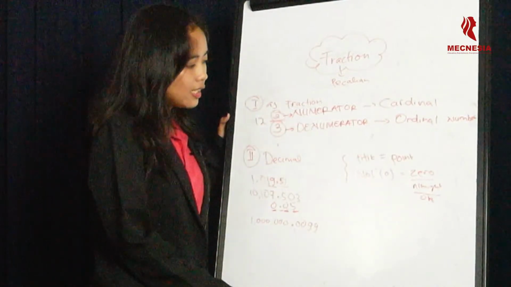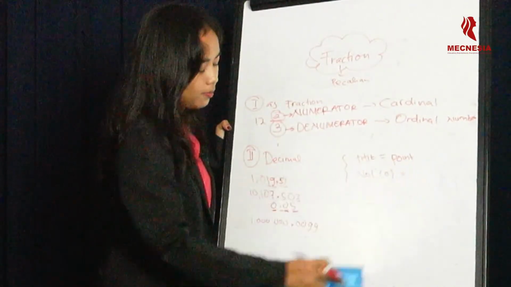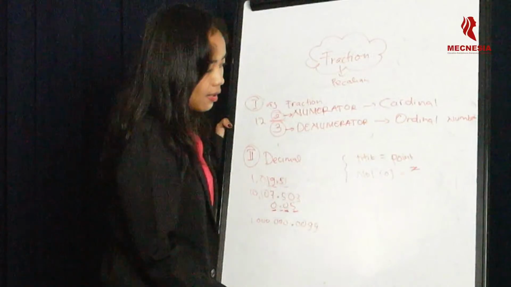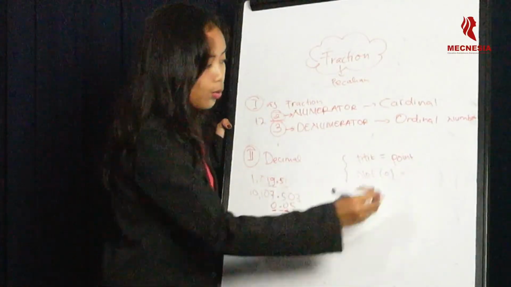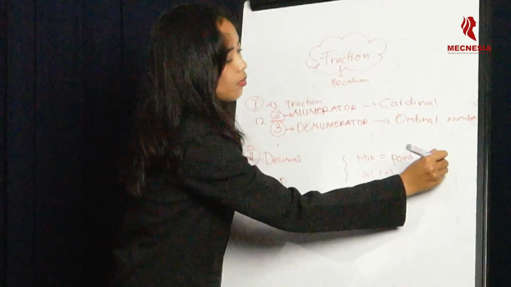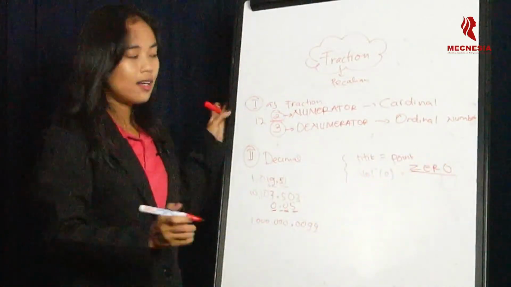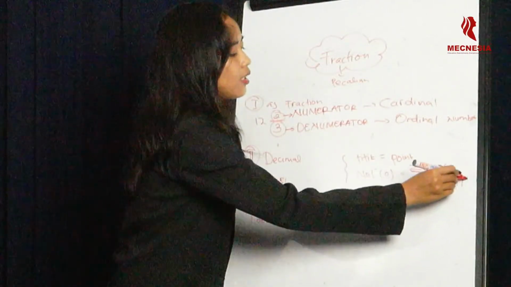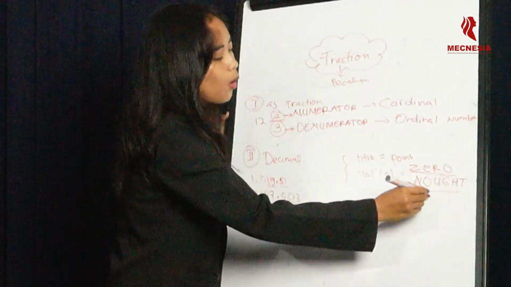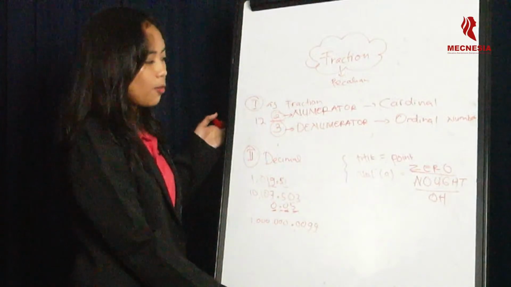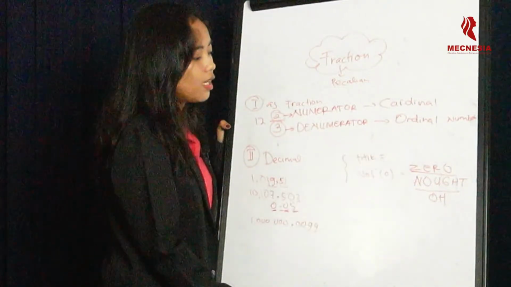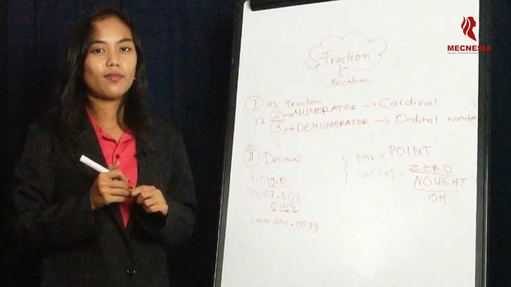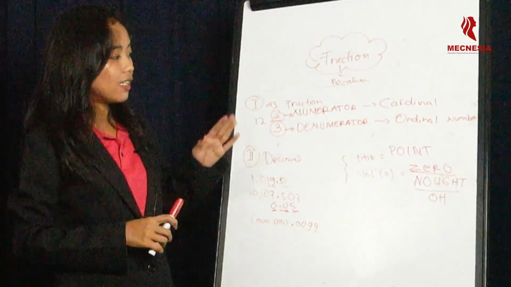Okay, and then yang ini, yang pertama 0. Cara baca angka 0-nya. 0, Z, E, R, O, or NOUGHT, N, O, U, G, H, T, or O, O, H. Point, cara nulisnya point, P, O, I, N, T. Well, guys, that's for fraction.